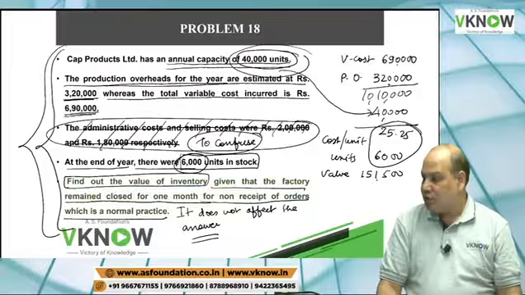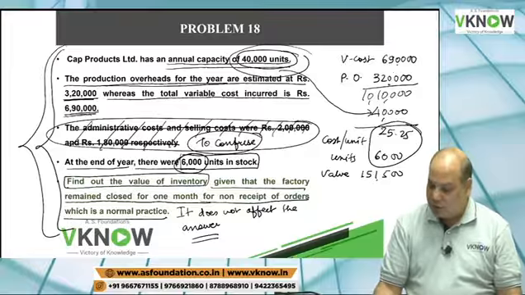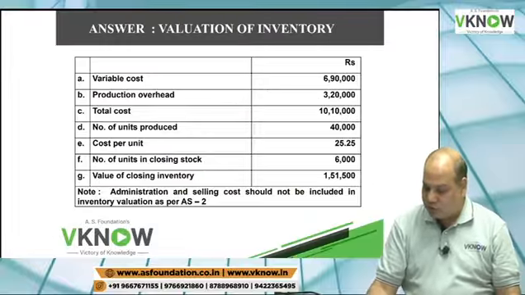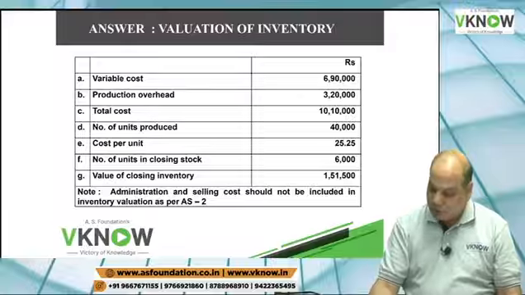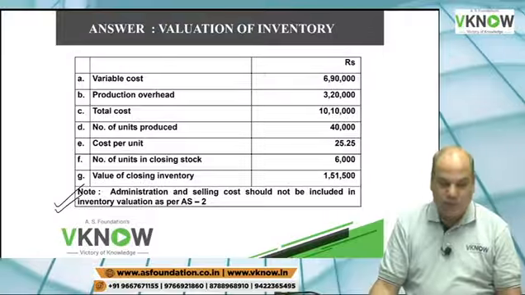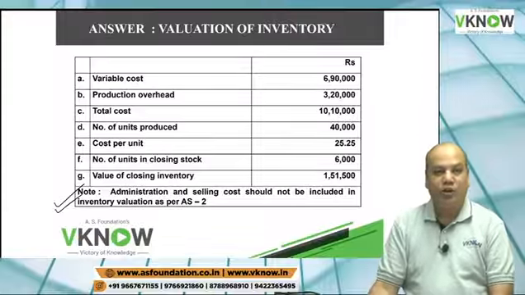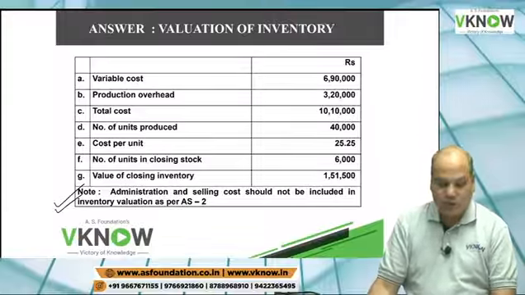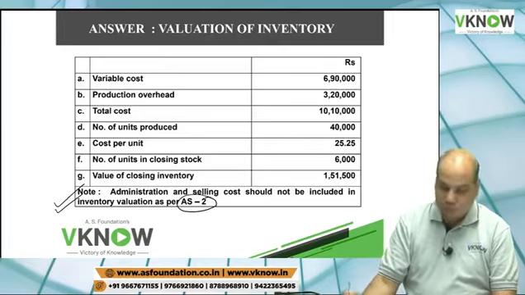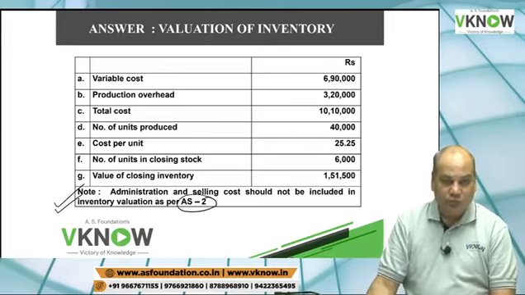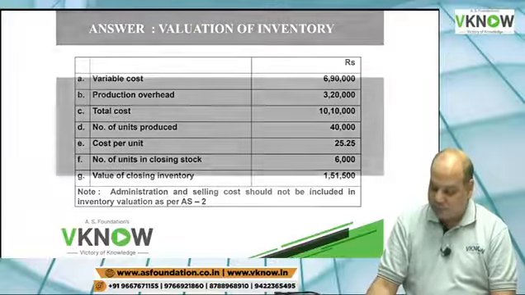So this is 1,51,500, and in the exam you will write some notes which I have given in your book also. One note you will write here, that administration and selling cost should not be included in the inventory valuation as per AS2. Storage cost, administration cost, selling and distribution cost, abnormal material, abnormal labor, etc. will not be included.